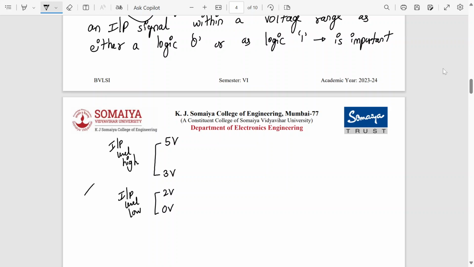Now if noise comes into the picture, it will disturb the system when it falls out of this range. Let's say it's at 2.8 volt, then definitely our circuit is vulnerable to the external noise. But if it falls in this range, then the system remains immune to the external noise. Are you understanding? Yeah.